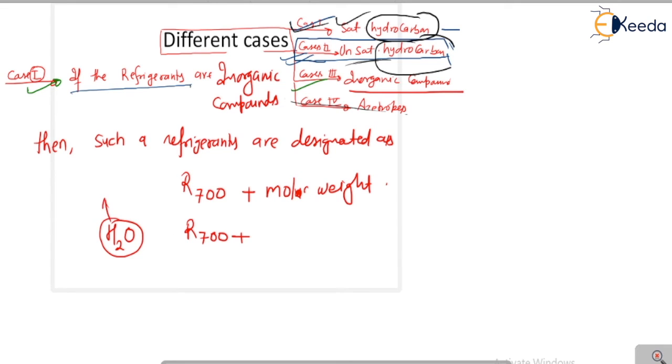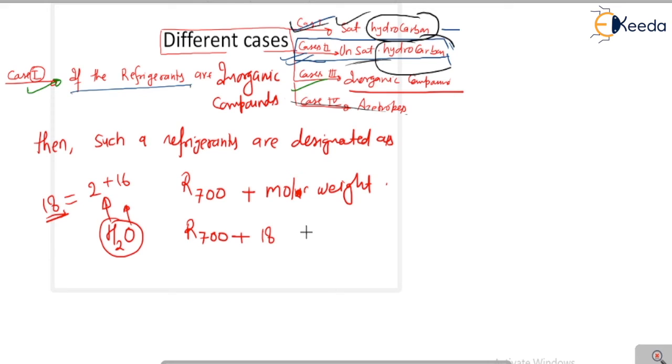So my dear friends, what is the molecular weight of hydrogen? It is 1, and for 2 hydrogens the molecular weight is 2. And what is the molecular weight of oxygen? The molecular weight of oxygen is 16. That means what is the total molecular weight for water? The total molecular weight for water is nothing but 18. So we have to add this 18 to 700.